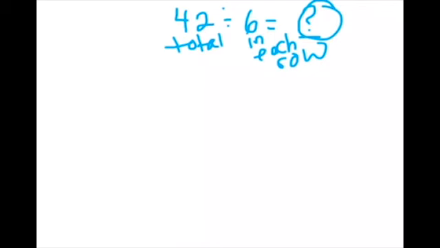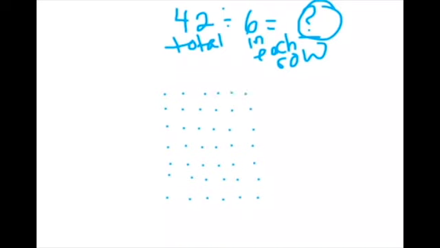So I have 1, 2, 3, 4, 5, 6, 7, 8, 9, 10, 11, 12, 13, 14, 15, 16, 17, 18, 19, 20, 21, 22, 23, 24, 25, 26, 27, 28, 29, 30, 31, 32, 33, 34, 35, 36, 37, 38, 39, 40, 41, 42.